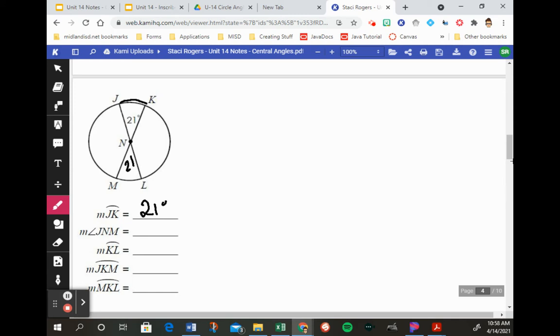And the arc KL, I'm going to do in red, this arc right here, makes a half circle, so 180 minus 21 is 159, if I do my math right. So this one is 159 degrees.